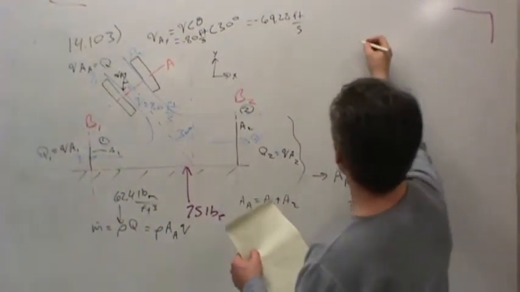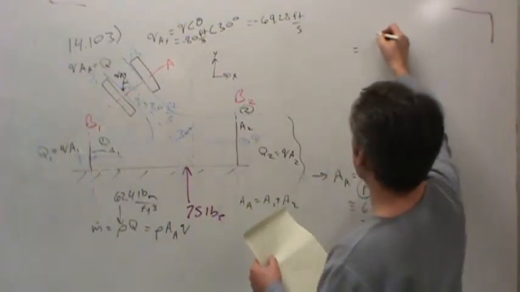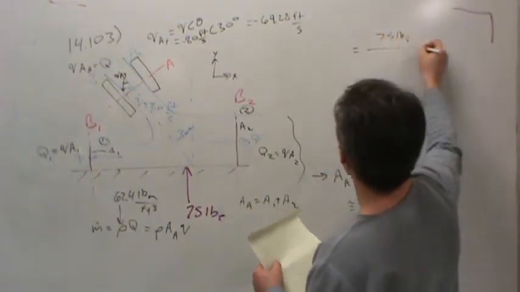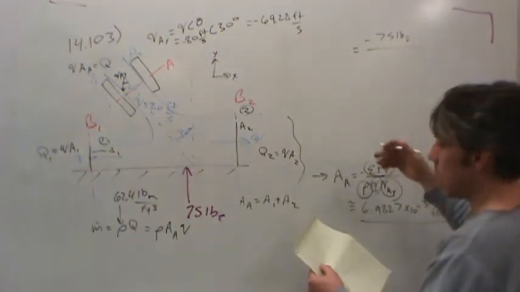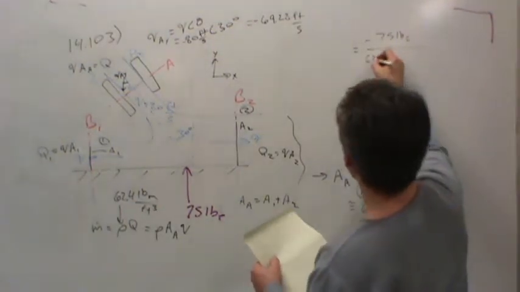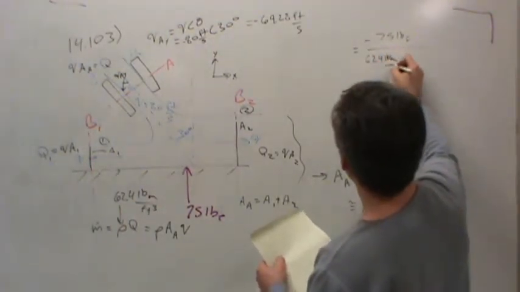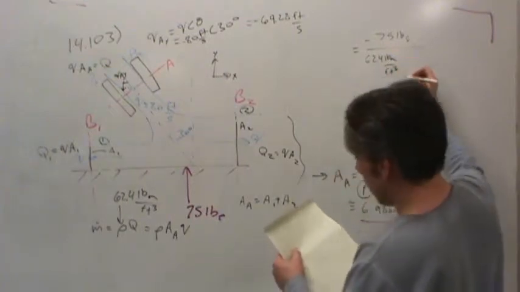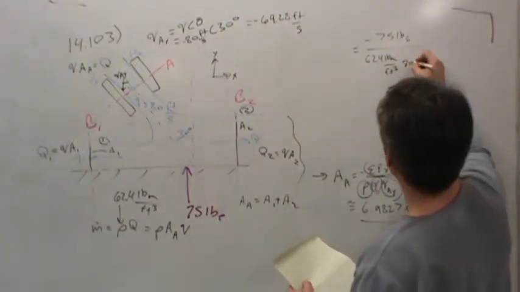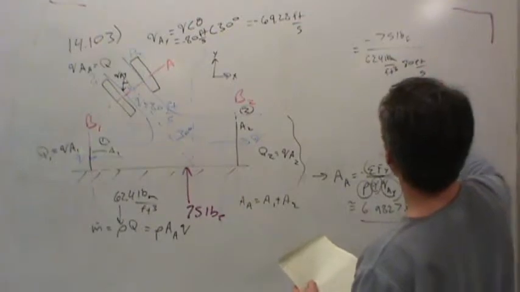Now the equation was sum of forces in the y direction, so that's 75 pounds force. We had a negative sign. The density of the water, 62.4 pound mass per cubic foot. The velocity, 80 feet per second.